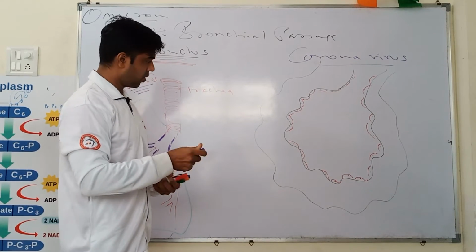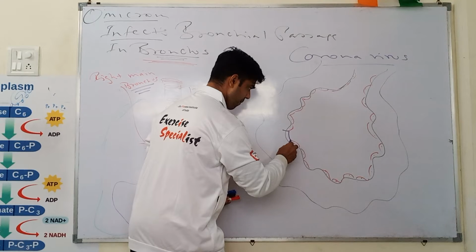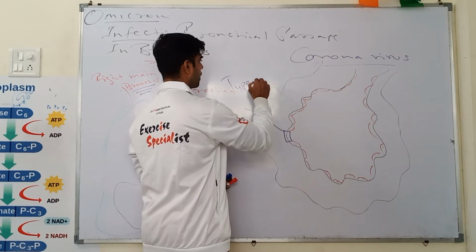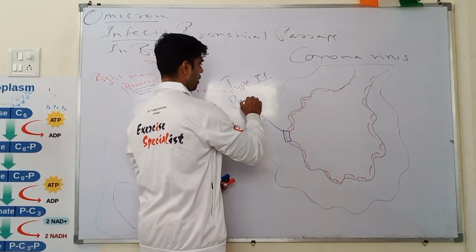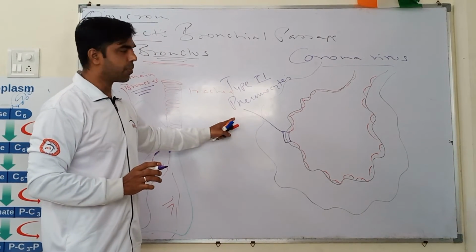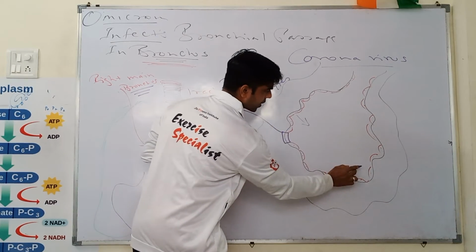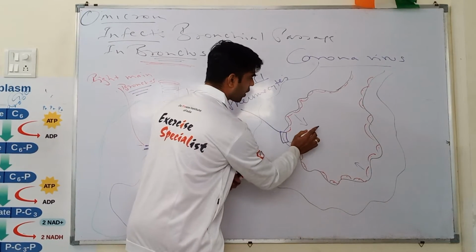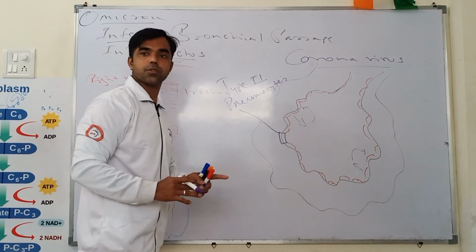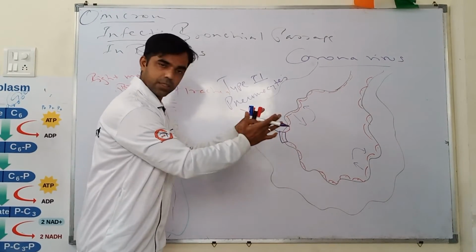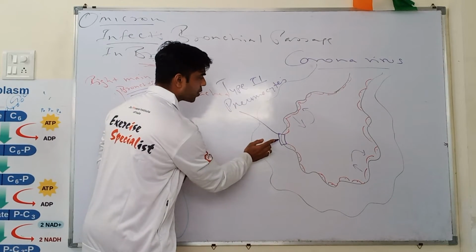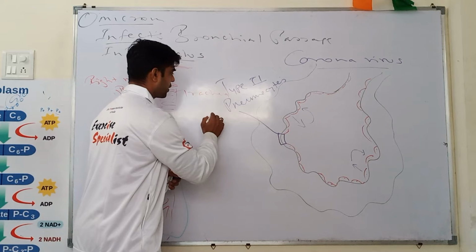And we have type 2 pneumocytes. What do they do? They are responsible for maintaining the surface tension. They don't allow the surface to collapse. If this surface collapses, then we have pneumonia, right? So they are responsible for maintaining surface tension.